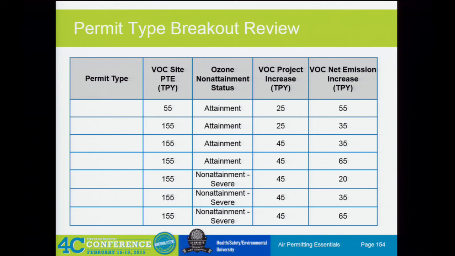Matt is handing out a bigger version of the chart, and I'm handing out the examples. And our first starts with a table of our major source thresholds and major modification thresholds as well.